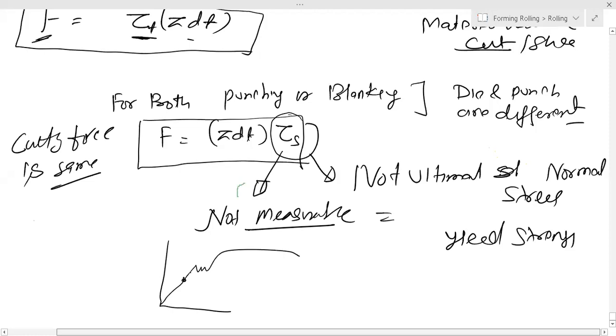There you get proportional limit, elastic limit, upper yield point, lower yield point, right?